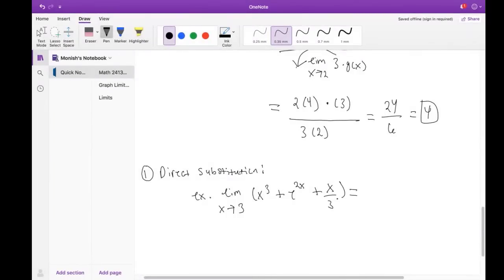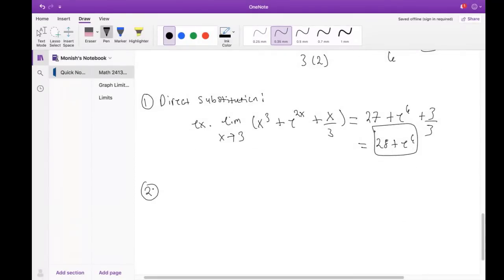And so if we apply direct substitution to this, we would get 3 times 3 cubed, which is 27, plus e to the 6, plus 3 over 3. So we would just get 28 plus e to the 6th. And so this is just a value, and you could apply direct substitution for it.